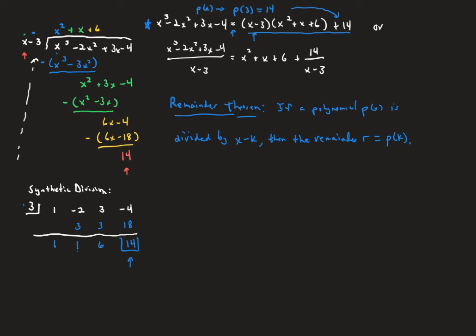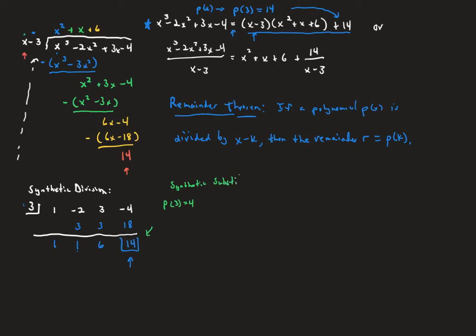And remember, we said earlier from the remainder theorem that our polynomial evaluated at 3 is equal to 14. Now, if all we use is that number there, like we did here, we would say that what we just did was synthetic substitution.